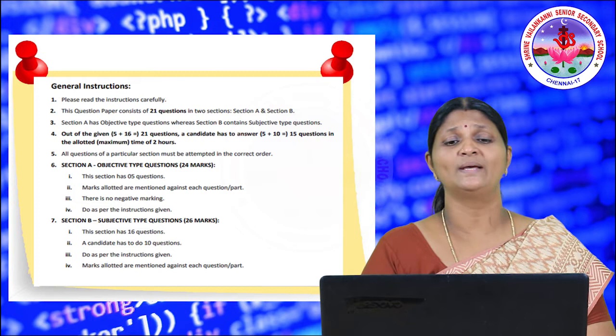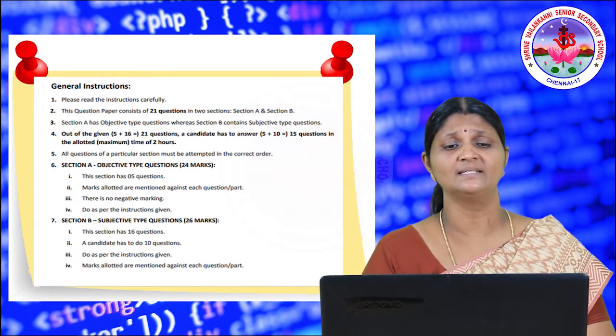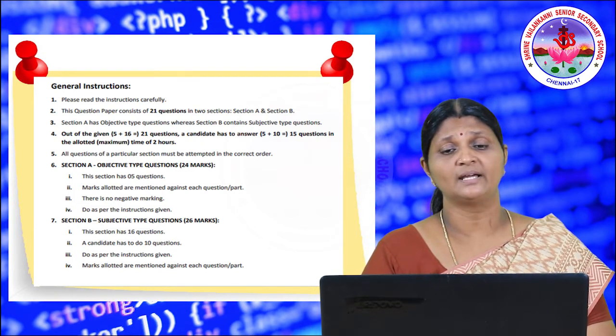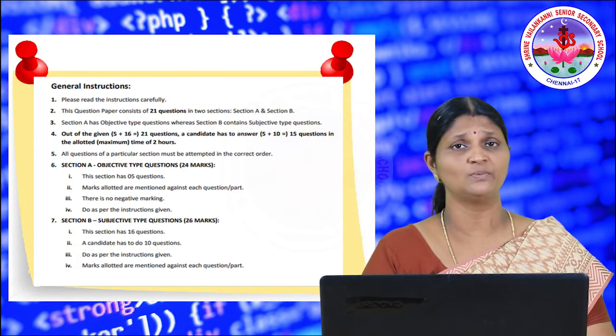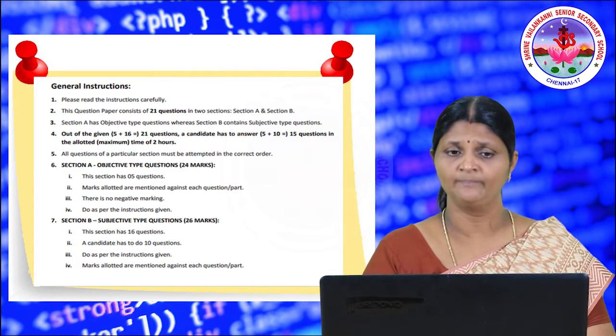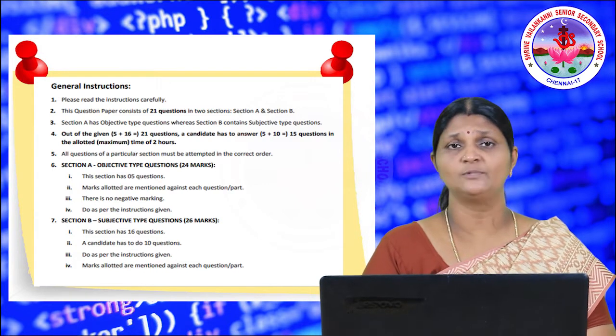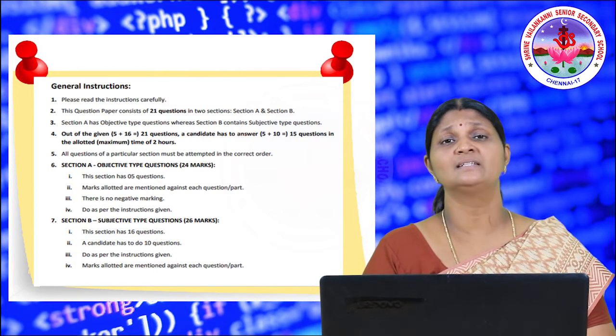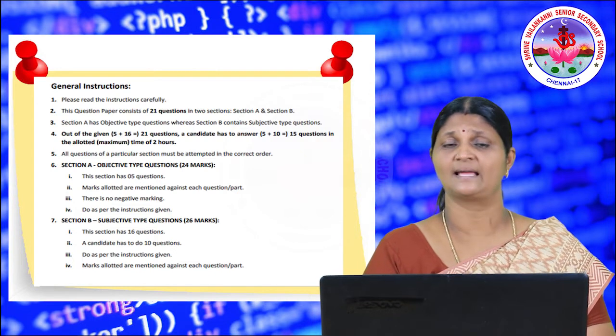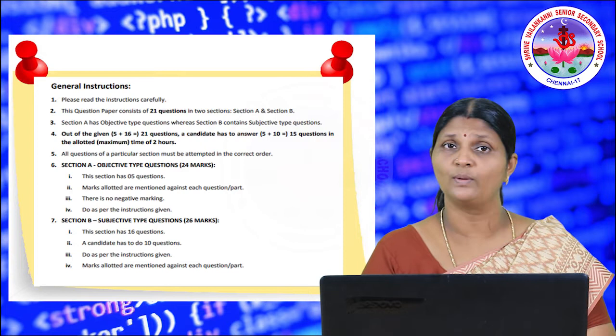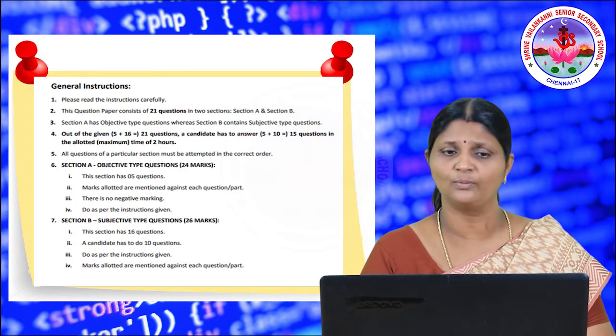This section will have 5 questions and the marks allotted are mentioned against each question, as we saw in the blueprint. There is no negative marking. And section B, subjective type questions, contains 16 questions and carries 26 marks. A candidate has to attend 10 questions.